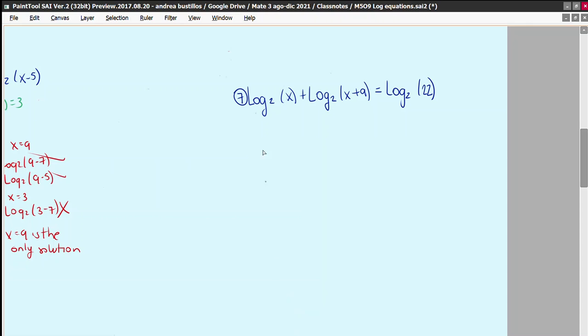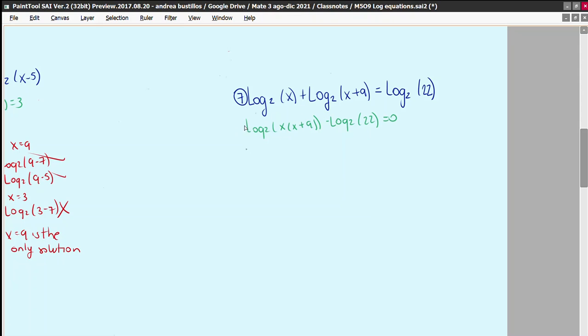Next one, I have a bunch of logarithms. So remember, as usual, we have to pass all my logarithms to one side of my equation. And notice that these two logarithms are adding each other, meaning that I can condense them as the product of their arguments. And I'm going to pass this logarithm to the left side, so it's going to pass subtracting.